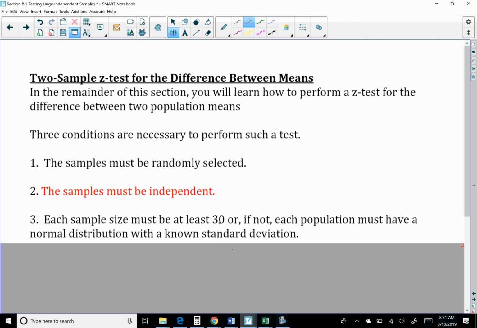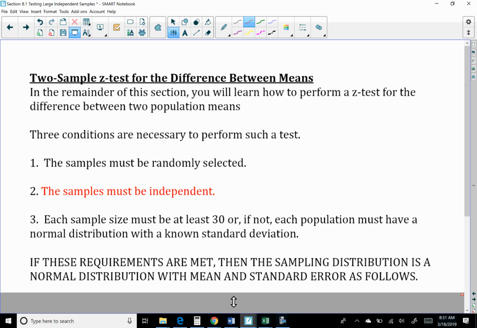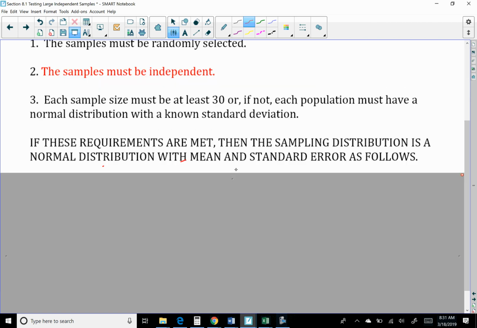So if the sample size is under 30, then we need to know this population is normally distributed with its standard deviation. Otherwise, it has to be greater than or equal to 30. Okay? If these requirements are met, then the sampling distribution is a normal distribution with the mean and standard error as follows. Okay?